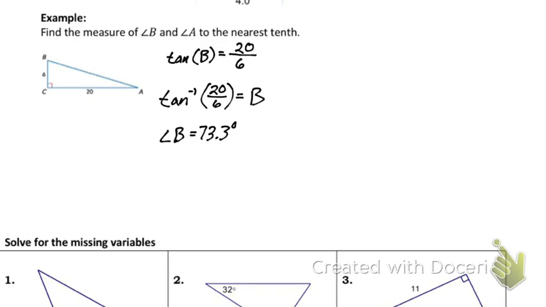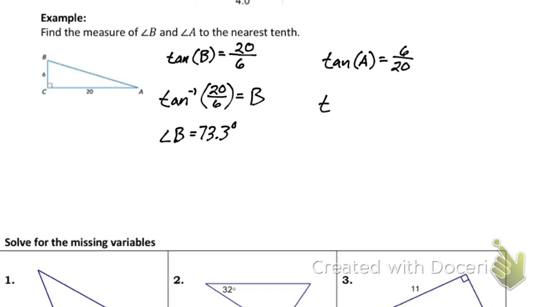Now we have to find our angle A. Do we not already know what angle A should be? If this is 90, we should already know it's 16.7. But let's just double check. So the tangent of A would equal opposite over adjacent, but that only helps me if I'm missing a side.